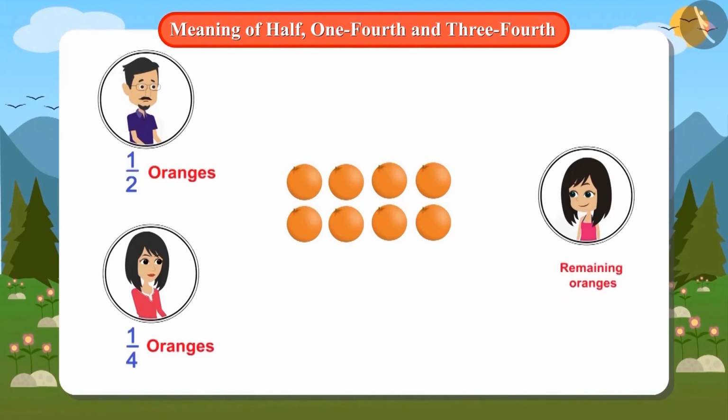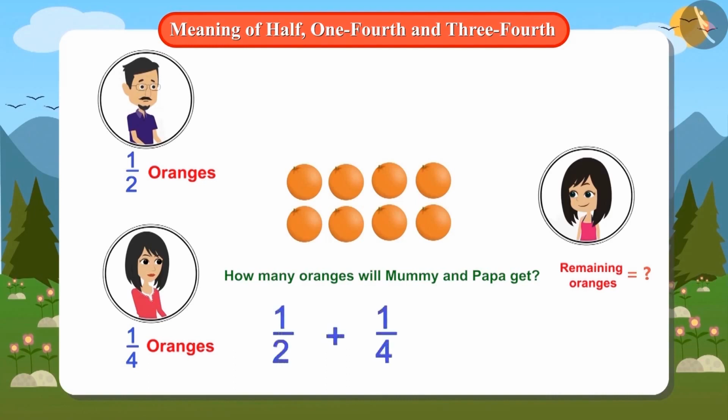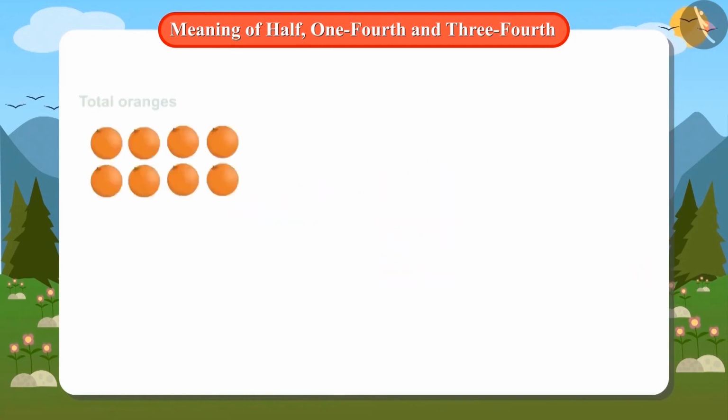Can you guess how many oranges will Neha get? To find out how many oranges will Neha get, we first have to find out how many oranges will Mummy and Papa get. That is, we have to add half and quarter of total oranges. Are you ready for this? We have a total of 8 oranges.